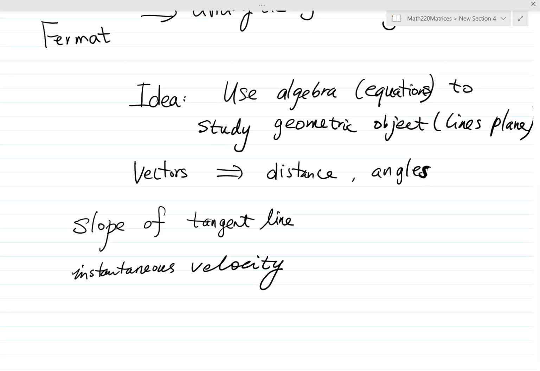These two things are related, and this motivates the definition of derivative. They are mathematically the same.